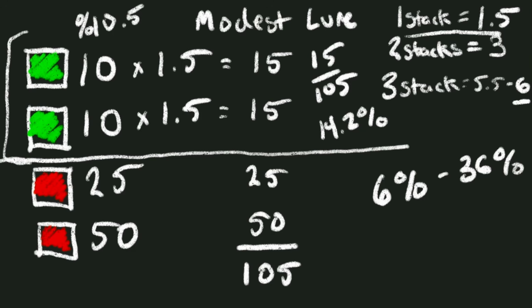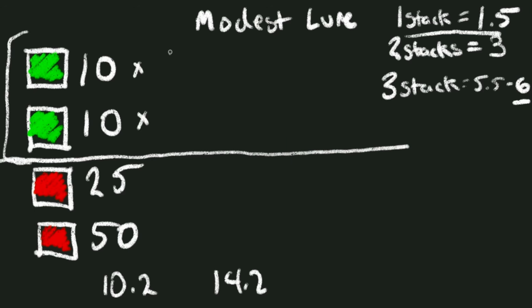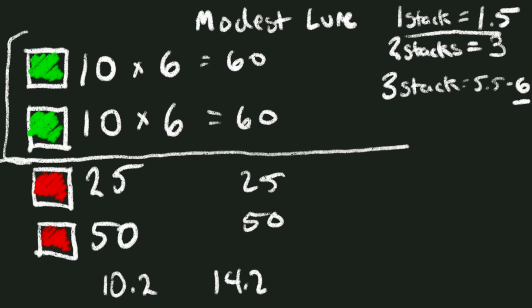If we jump up to the 3 stack math, then we multiply each of these by 6. That becomes weights of 60 compared to the 25 and 50 that we had before. And the sum of this now becomes way bigger. This is now 120 plus 75, or 195.